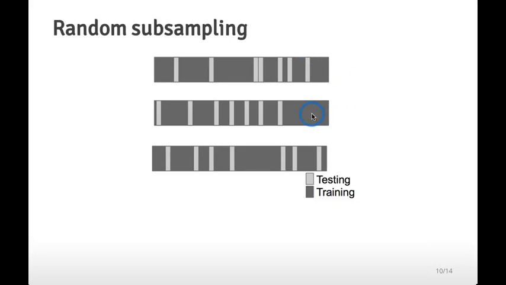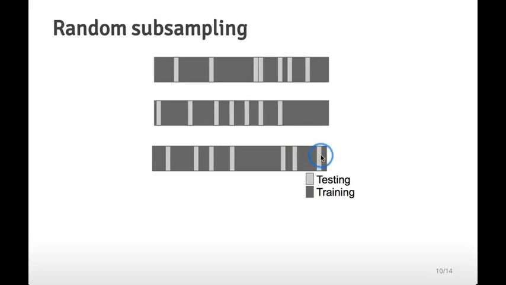Then we would do the exact same thing again, except we would reassign the training set samples to be a different random set of the samples in the training set, and our subset test samples would be a different random sample as well. Then we'd rebuild the prediction function on this training set and apply it to this test set and get an estimate, again, of the error rate that we'd have.